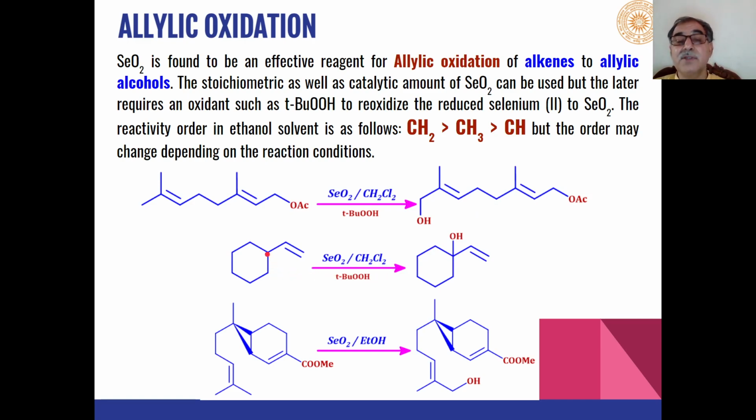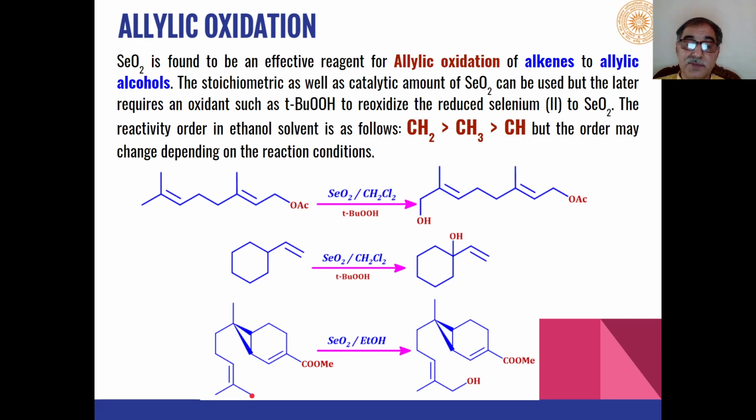Similarly, in this case, this is the allylic position with respect to this carbon-carbon double bond. So this is oxidized to hydroxyl function. So allylic alcohols are formed as the product. Similarly, in this case, with this carbon-carbon double bond, this is the allylic position, and this is the allylic position.